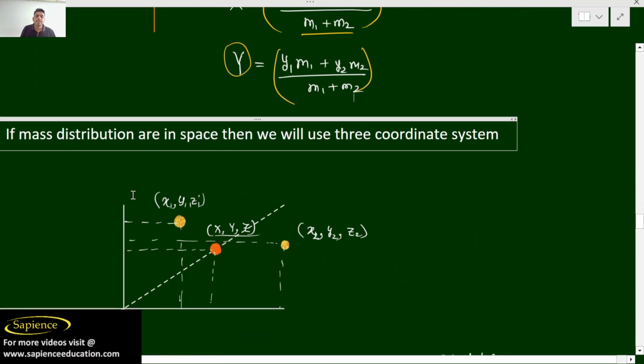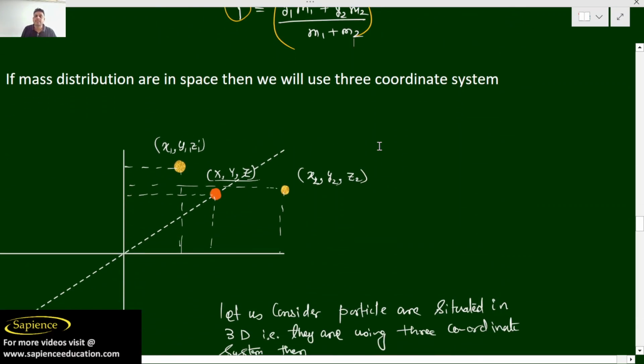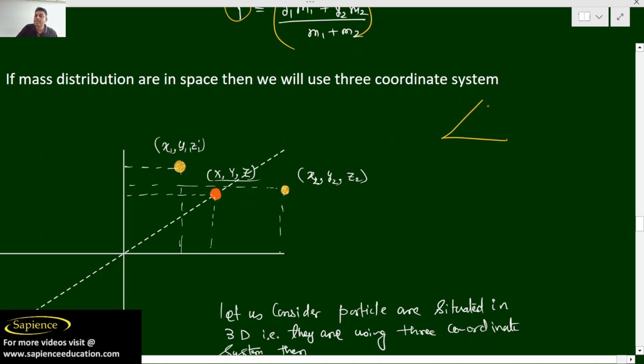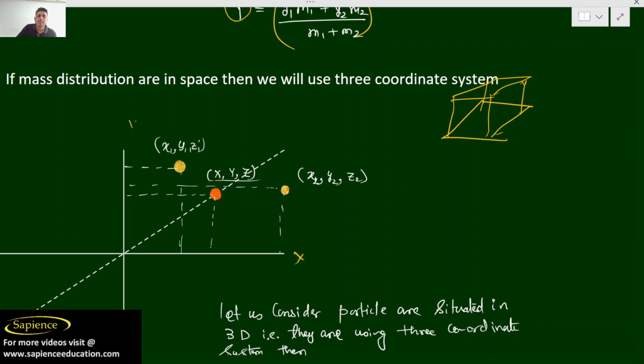Now, if the mass distribution is in space, then we will definitely use a three coordinate system. We are not only confined to a simple plane, we are now confined to 3D space. Whenever we talk about 3D space, it means it uses three axes, that is the x-axis, the y-axis as well as the z-axis.